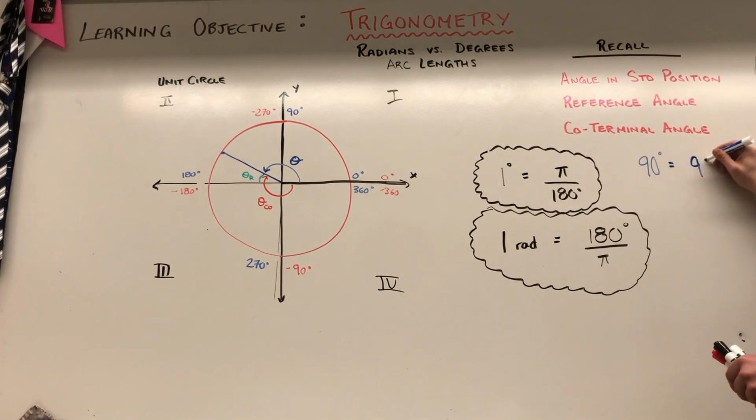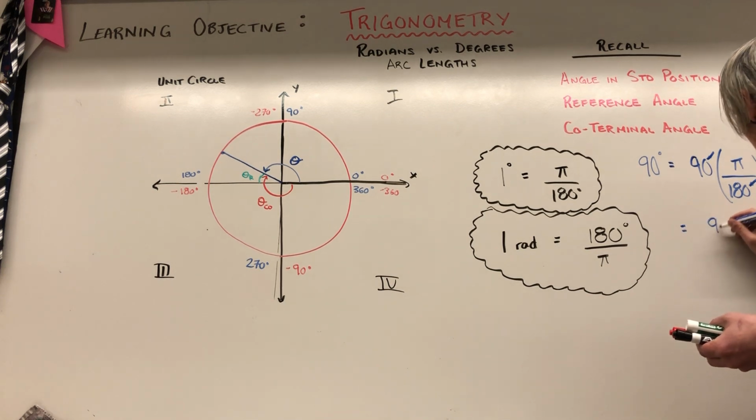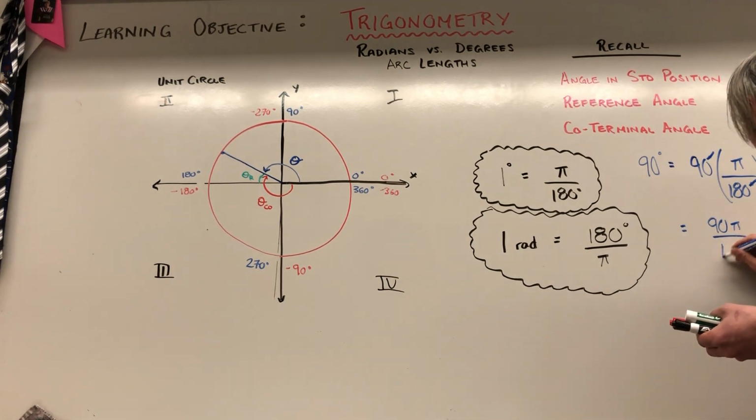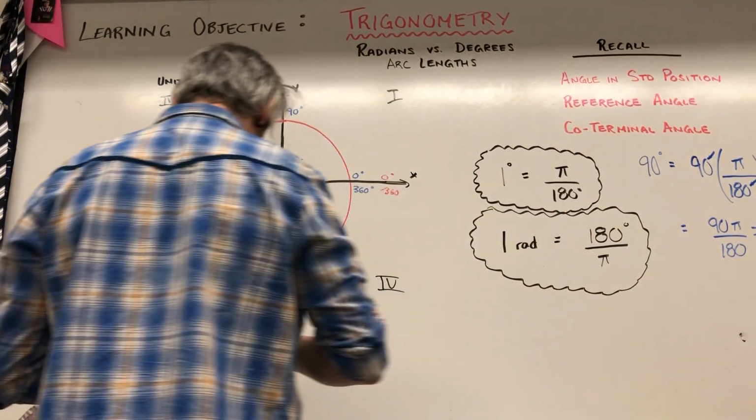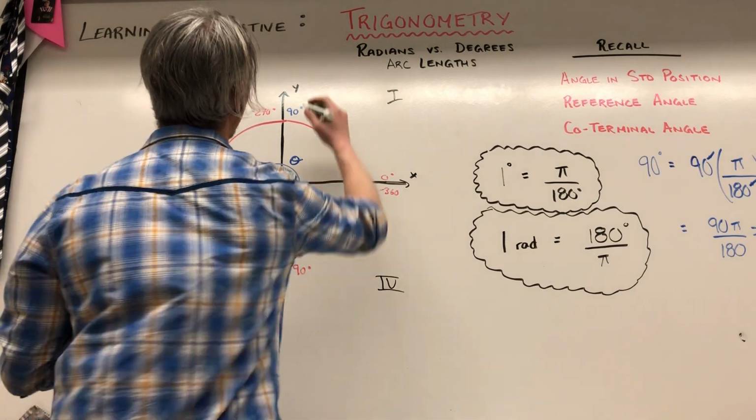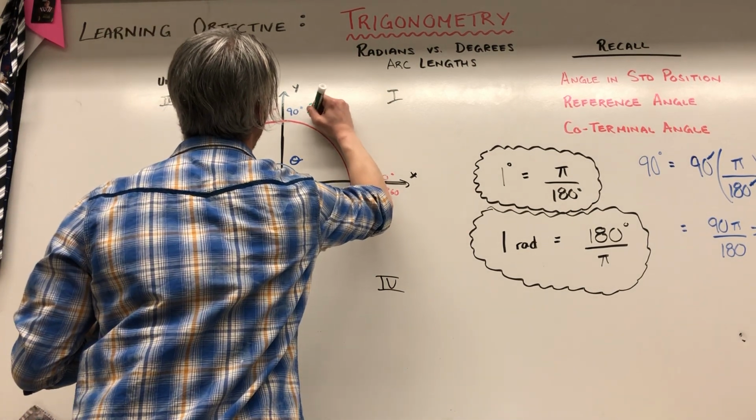So 90 times 1 pi over 180 degrees. Now my degree units will cancel out, leaving me with no units, which is radians. And I get 90 pi over 180. If I simplify this fraction by dividing the numerator and denominator by 90, I get pi over 2. So 90 degrees is the same as pi over 2 radians.